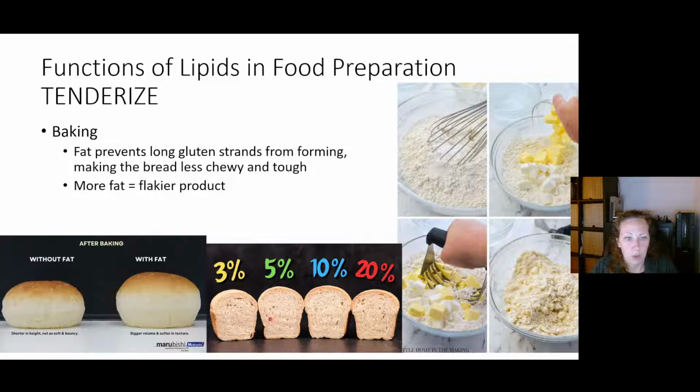And the 3 had less rise than the 5 or 10 because the structure was too much, and it prevented the rise from occurring with less fat. So without enough fat, you get shorter, denser bread, and with fat, it's able to get the rise.